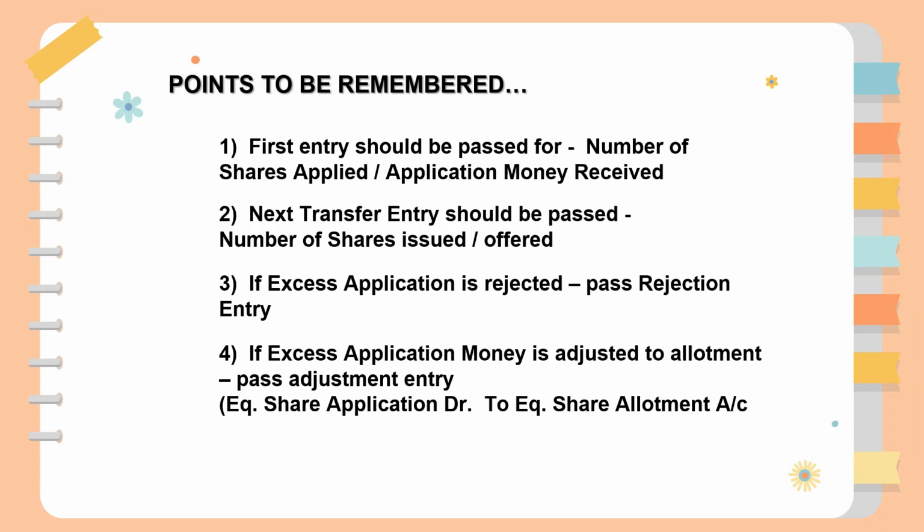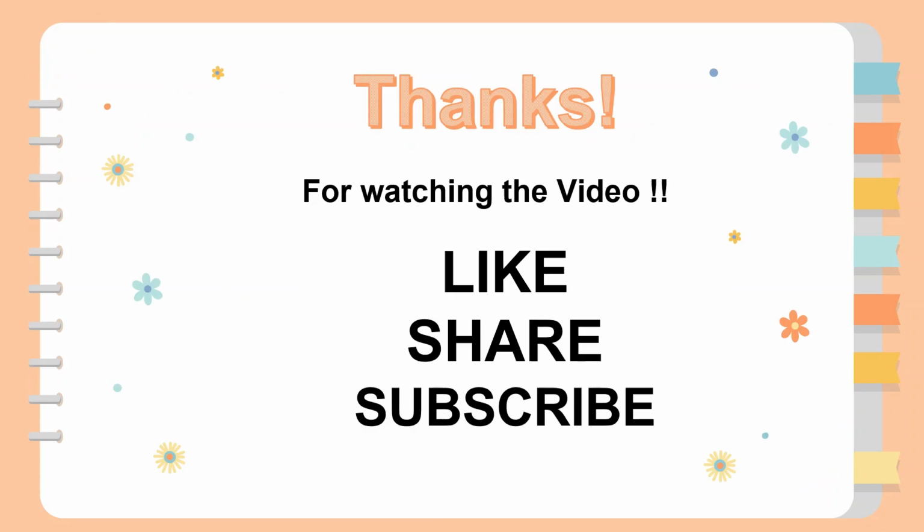The third entry, if there is any rejection, then a refund entry will be passed. And if the excess application is not rejected, and if the application money is adjusted to allotment, then you pass the entry for adjustment of application money to allotment, that you have to pass.